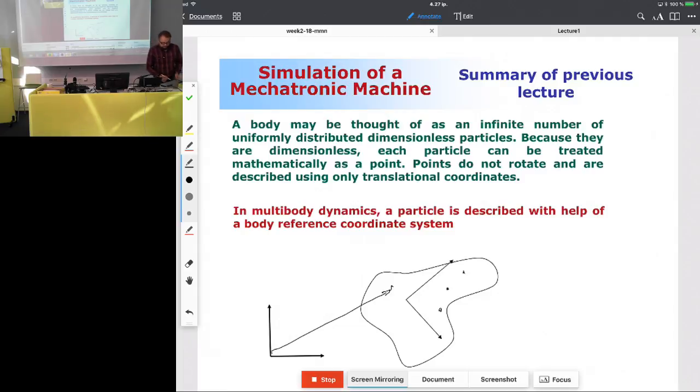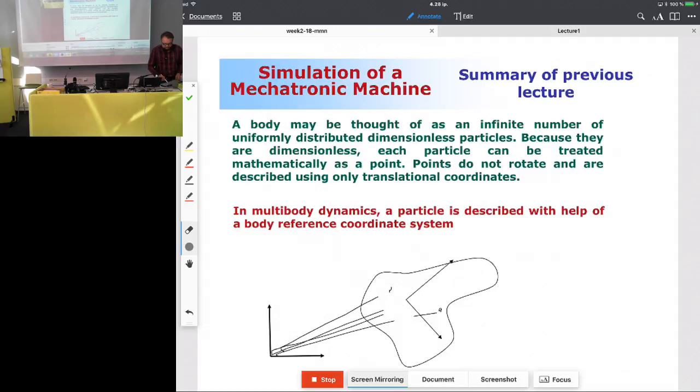Each one of these vectors must have two components. And when the body moves and rotates, the numerical values of those vector components will change. And that actually makes no sense. So we will end up having an infinite number of variables to describe the system. And computationally, we cannot do that. So we have to use something that is more clever than that.